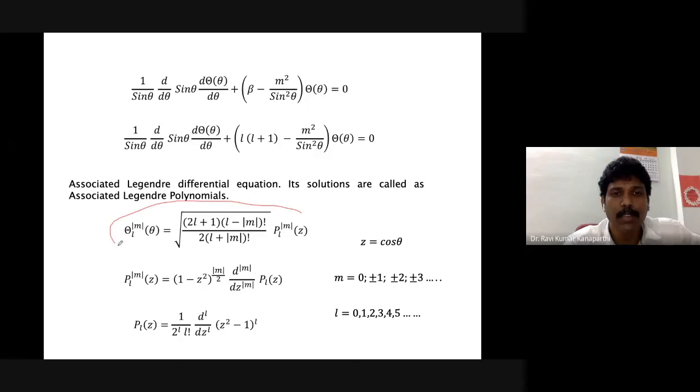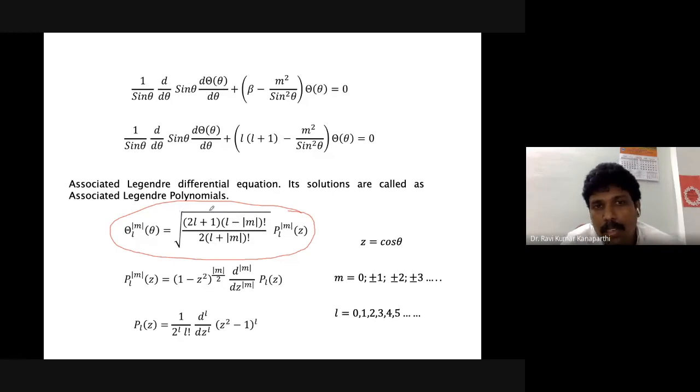So this is the actual solution of the associated Legendre differential equation. Theta, which depends upon two quantum numbers, l and modulus of m, of theta is equal to the square root of so and so. This is a normalization constant which is multiplied by a function, and this function can be evaluated by this expression.